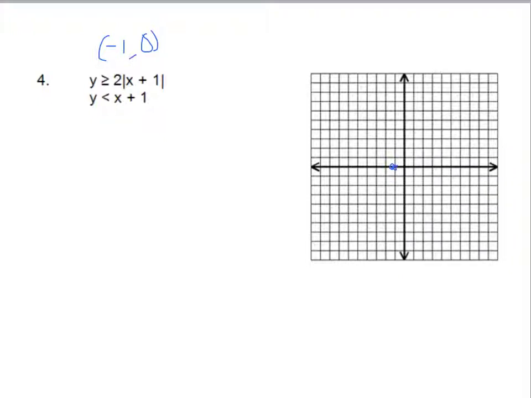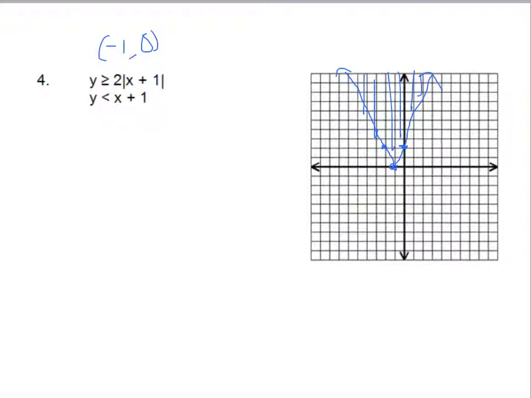But this time I have a vertical stretch of 2, so I'm going to go up 2 over 1, both to the left and to the right. It's greater than or equal to, so solid lines. And since it's greater than, I'm going to shade above.